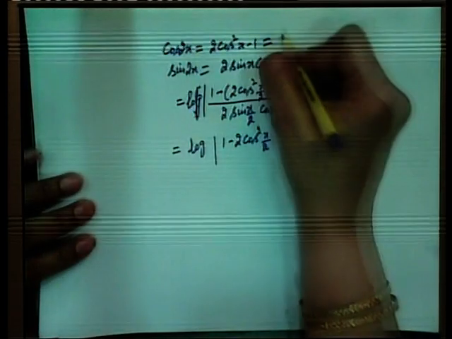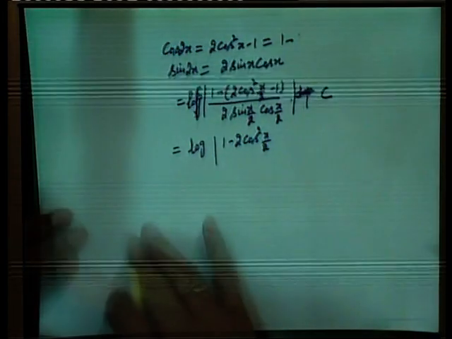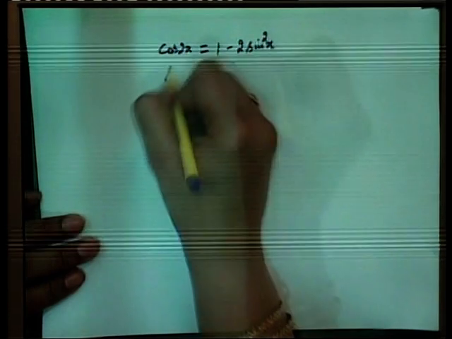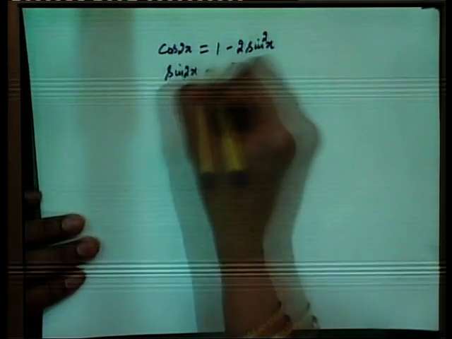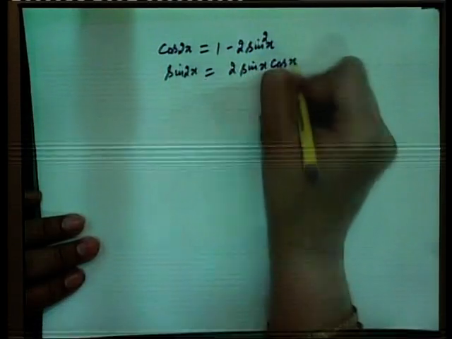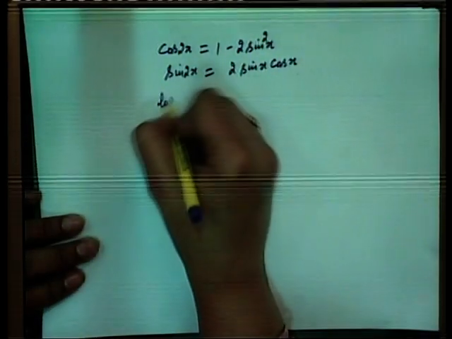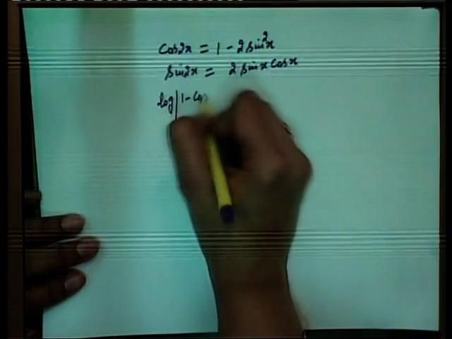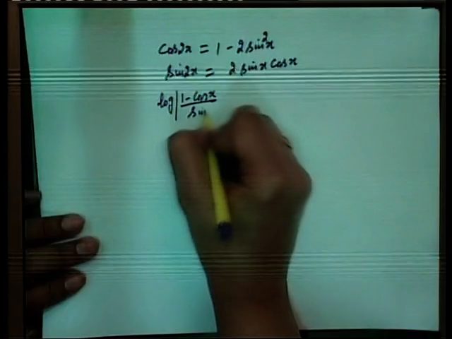Now, here we are going to use the result 1 minus cos 2x as 2 sin square x, and sin 2x as we have already done, 2 sin x cos x. We have the function log of 1 minus cos x over sin x.